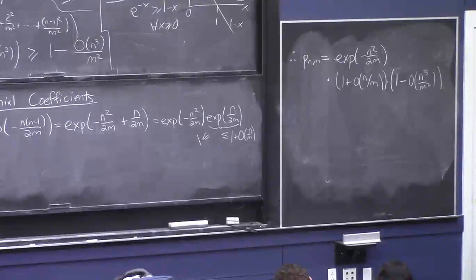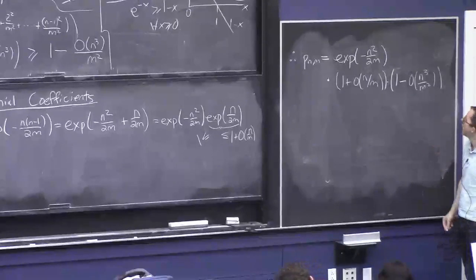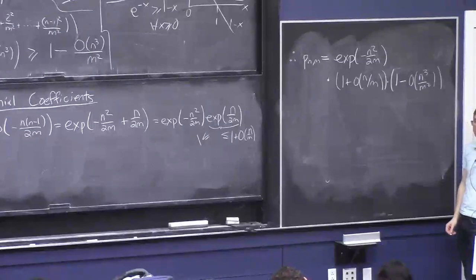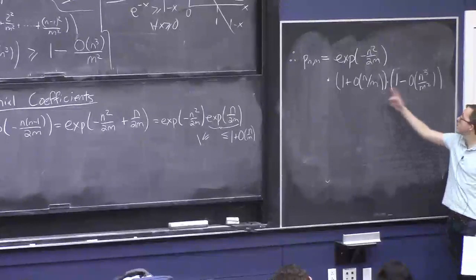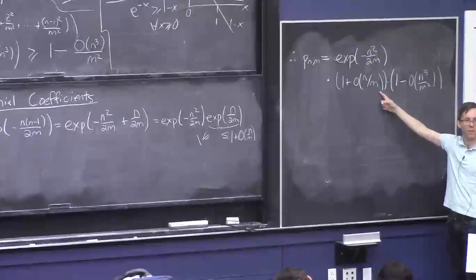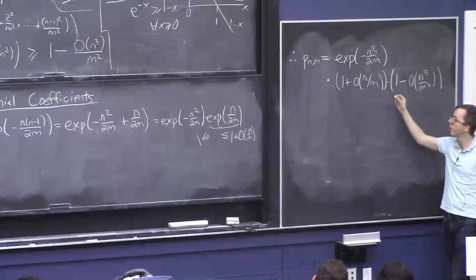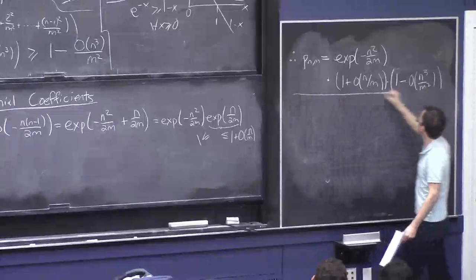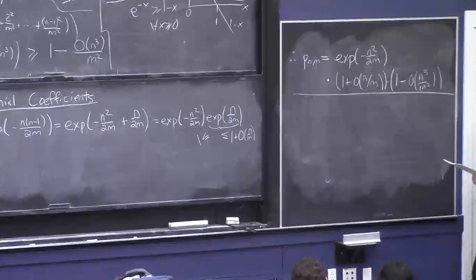Now, a mildly subtle thing has happened here. We have two error terms, and it's not even clear which one is dominating. In fact, neither of them always dominates. Sometimes this is bigger than this, and sometimes this is bigger than this. It depends on how n and m relate. So let's in fact think about which term dominates here.